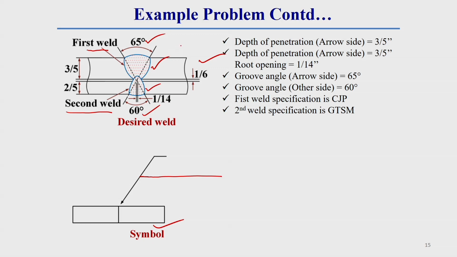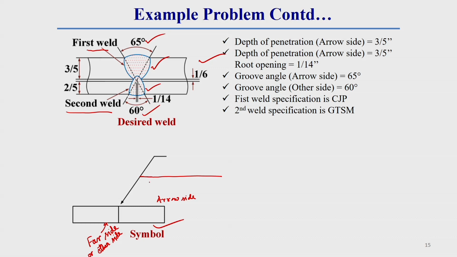This is the arrow side, and this bottom side is the far side, or sometimes called the other side. I have already told you about the other side, arrow side, and far side.